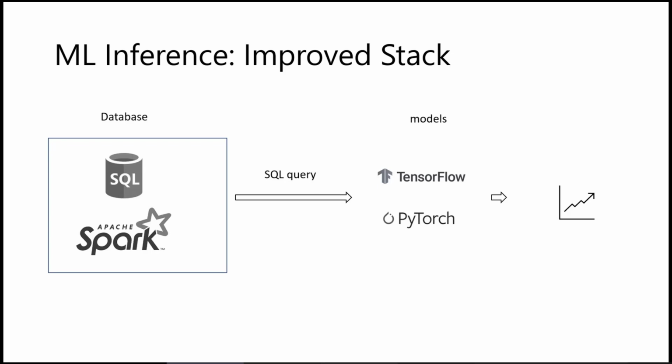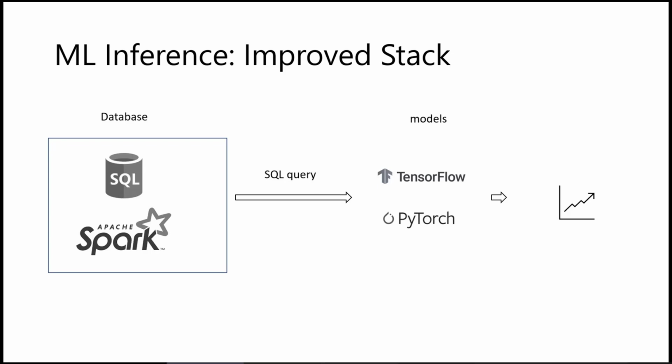In SQL, you can query your data, and the result of the query can be piped directly to your models for inference. You can do away with having to do too much processing in Pandas or some intermediate stage between getting the data from your database to your models.